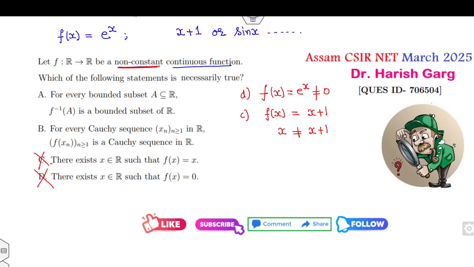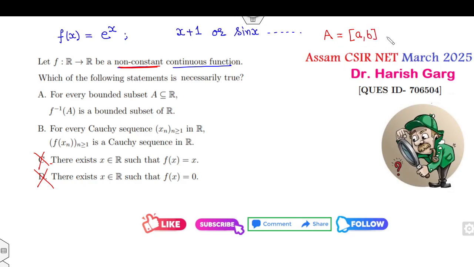The 3rd option is a Cauchy sequence, and the first option is bounded. For the Cauchy sequence we need to construct a subsequence and so on; first we will check the bounded subset. You can choose any bounded subset, let's say (a, b), which is a bounded subset of R. Then F inverse. Always remember, students, if F is continuous, it doesn't imply F inverse is also continuous.